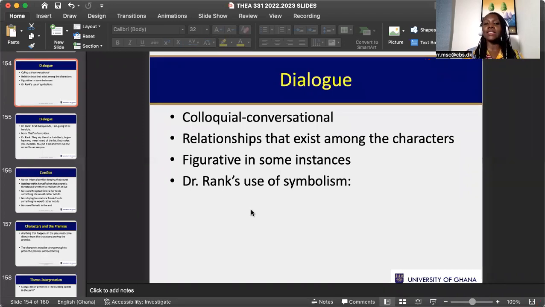And for the characters that do not have self-realization and self-awareness, they keep operating to the dictates of society, even to the point of losing themselves. And that is what Nora was able to break free from by the end of the play.